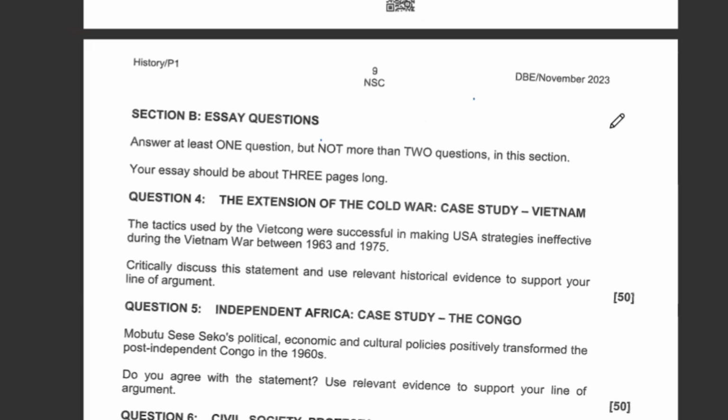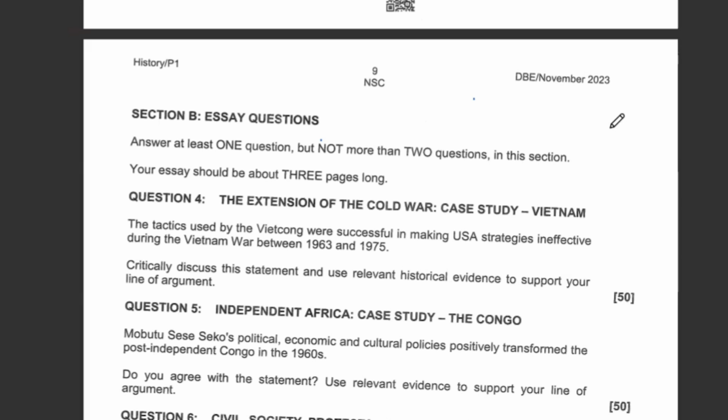So a possible introduction for this particular essay, and I'm not limiting it to what I'm presenting here, could be something like: the tactics used by the Viet Cong were indeed successful in making USA strategies ineffective during the Vietnam War between 1963 and 1975.